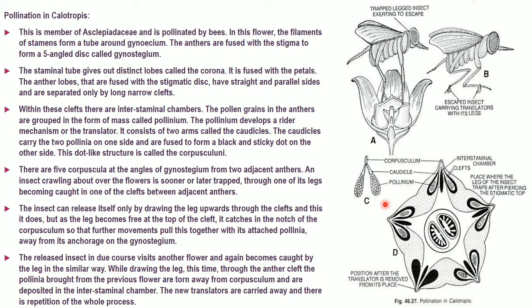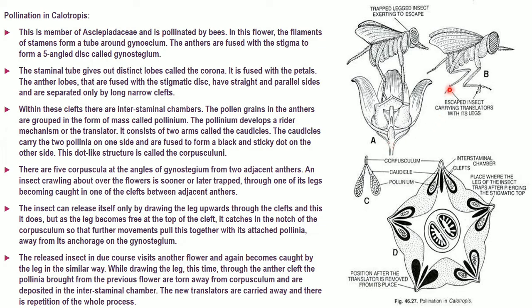From there also, by chance, it will be carrying another translator, and the same process repeats. So here the structural peculiarity is preventing self pollination and promoting cross pollination. How much detail is given, what I explained. If you are interested, you go through this. But by seeing this, it is more clear.